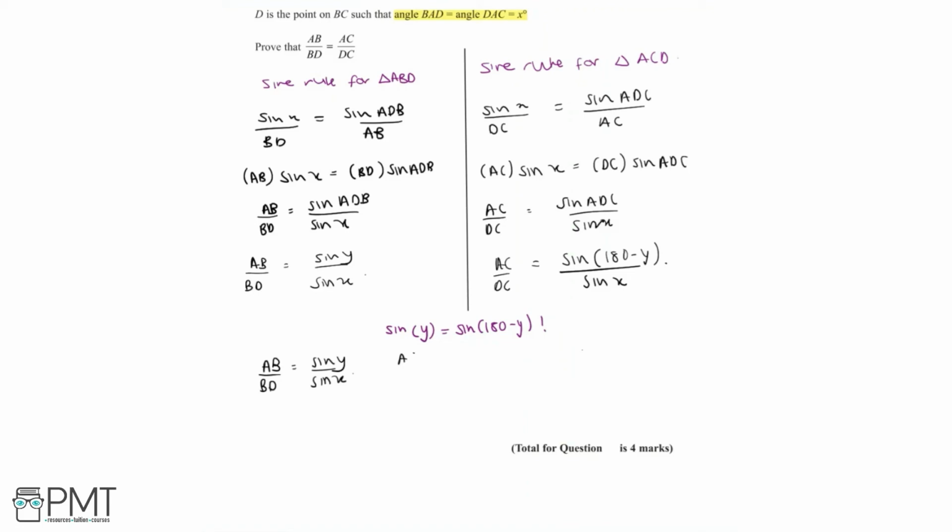Then we have AC over DC, which we said is equal to sine 180 take away y over sine x. But we now know that sine 180 take away y is equivalent to sine y. And so AC over DC is the same as sine y over sine x. And so if AB over BD is sine y over sine x, and AC over DC is sine y over sine x, we've now correctly proven that AB over BD is equivalent to AC over DC.